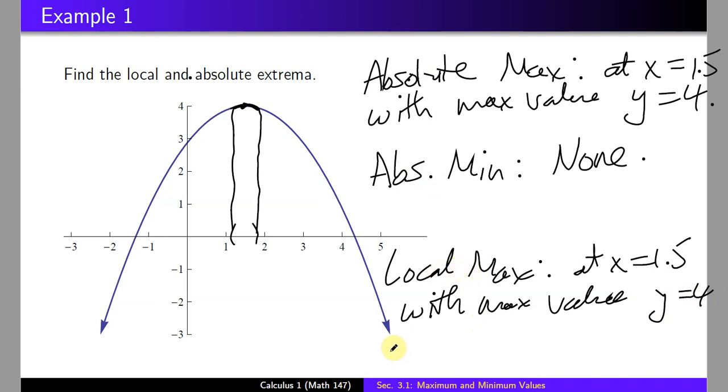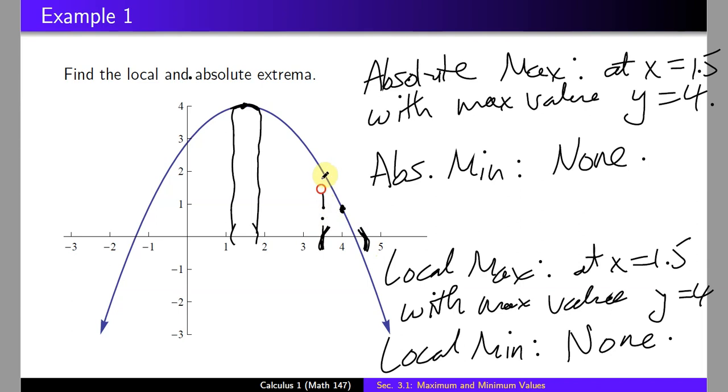Now, is there a local minimum? Well, the answer is still no. There's going to be none. For a local minimum, say this was a local minimum right here. You would have to be able to find a small open interval, where these are parentheses, not including the endpoints, around it for which that is the smallest y value throughout.